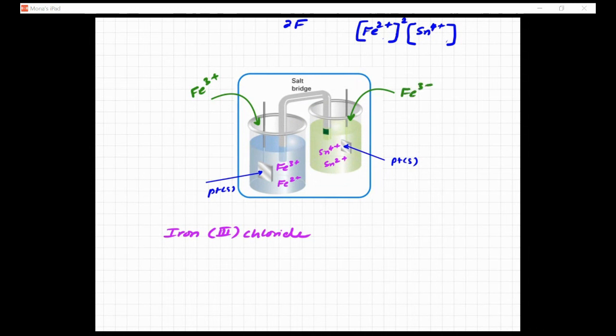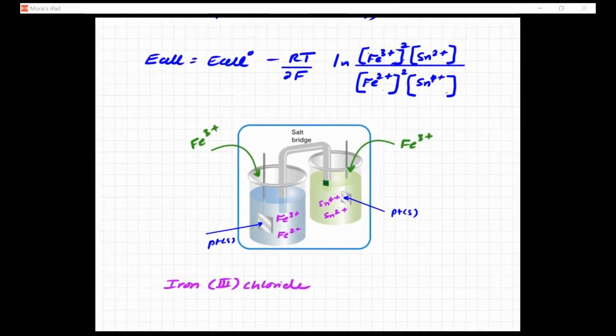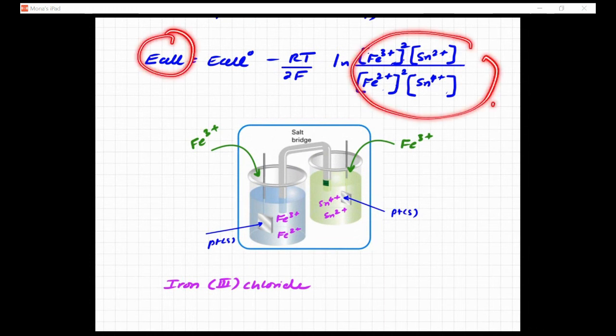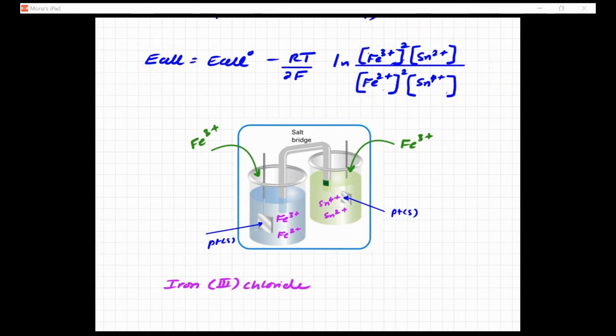Now what will be the effect on the cell potential? We have to see the effect on the quotient, so as to be able to see the effect on the E cell. So what will happen if I add Fe3+ here and Fe3+ there?